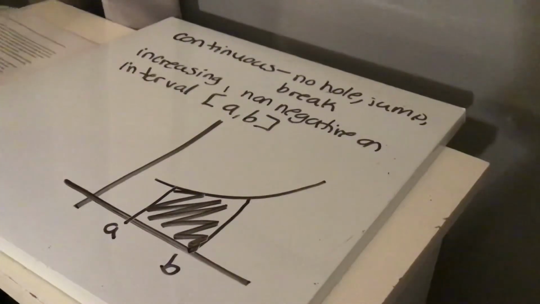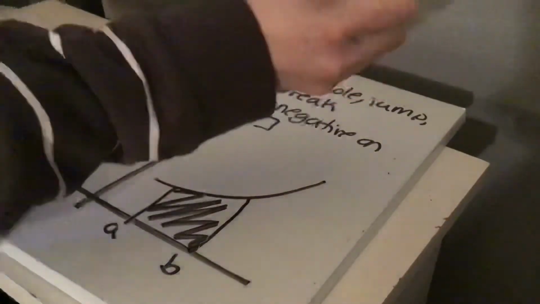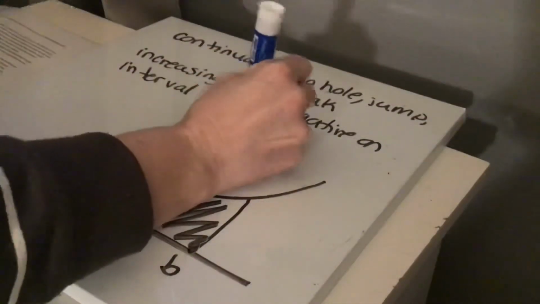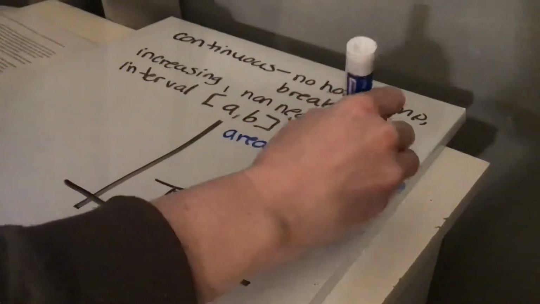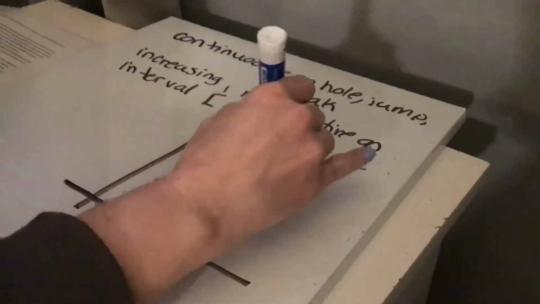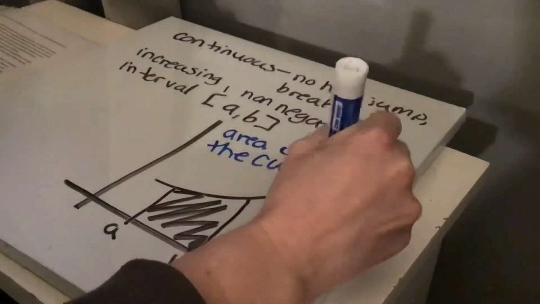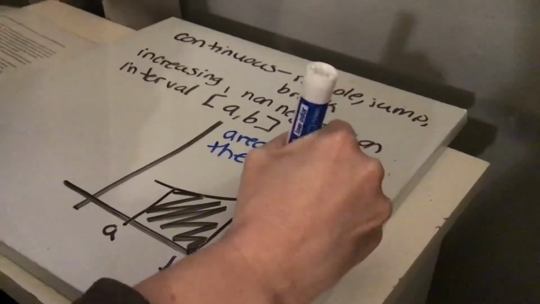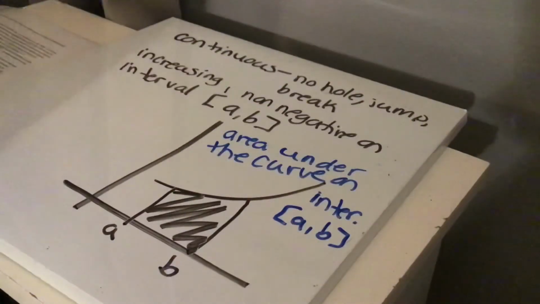So we're going to call that the area under the curve on the interval AB. And that's what it looks like, okay?